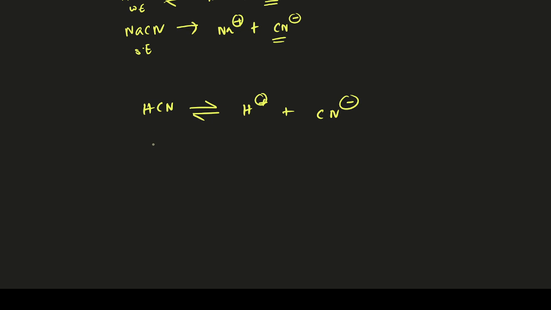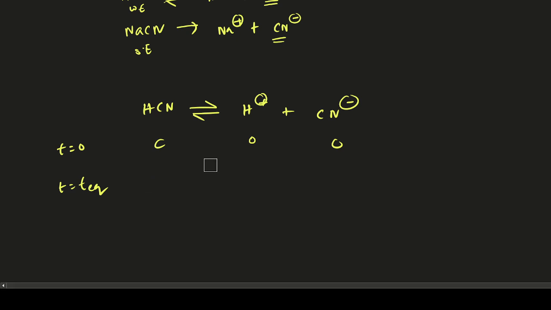Initially, at t equal to 0, the concentration is C, and no dissociation has happened. At t equilibrium, let C alpha be dissociated, so C alpha H plus and C alpha CN minus form, and C minus C alpha remains.